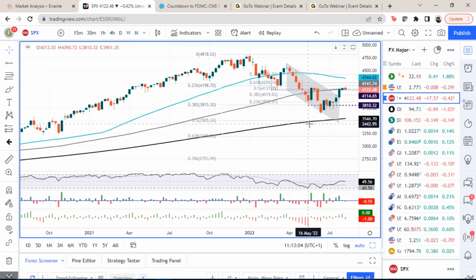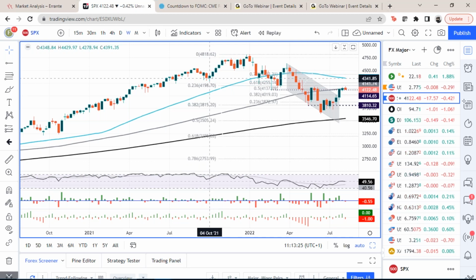And then we didn't get to that level of 3,500, and we've oscillated around this 38.15, 38.10 level, and then pushed higher with that fall in yields, and even broken this bear channel that we've marked on here.